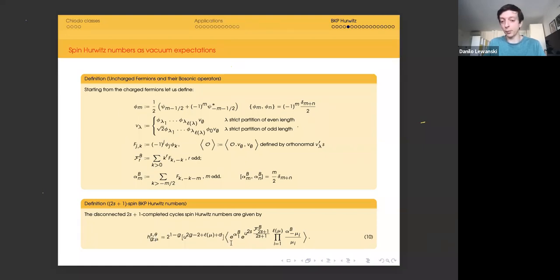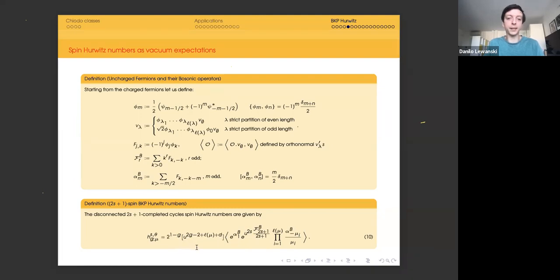And you do the same as before. You do exactly what you expect. You take the vacuum expectation again of lambda 1, because you have unramified. And on the other side, you take lambda minus mu. And in the middle, you use the completed cycles operators F, and you take the right powers of u up to some normalization of 2.